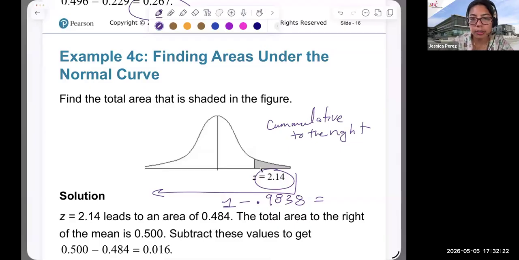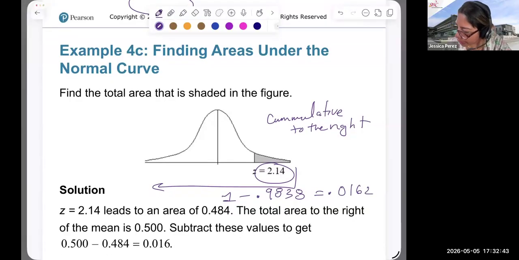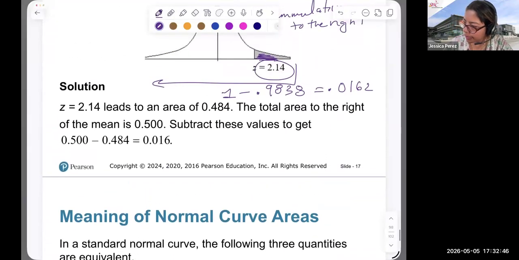You subtract. So if I do 1 minus 0.9838, that gives me the area of 0.0162. That would be the area, just this region. And that's exactly what we have.